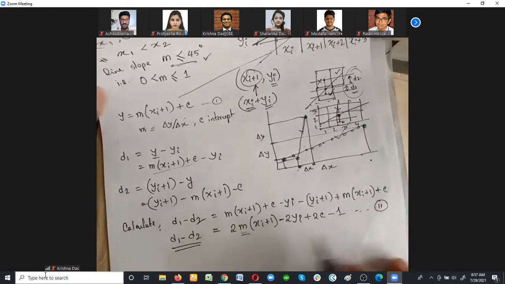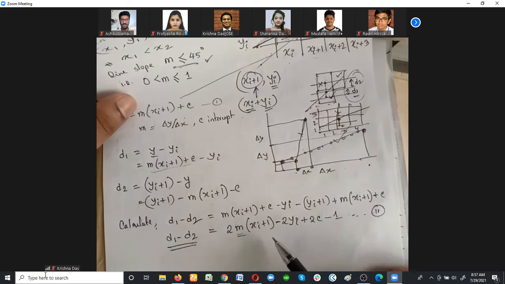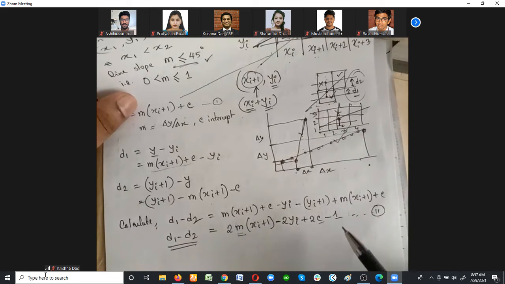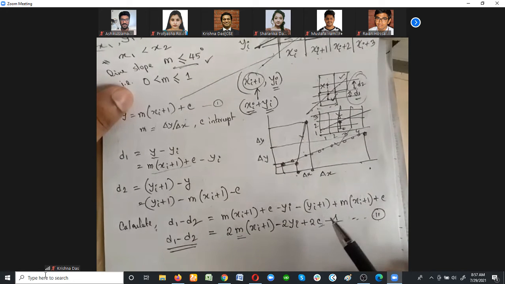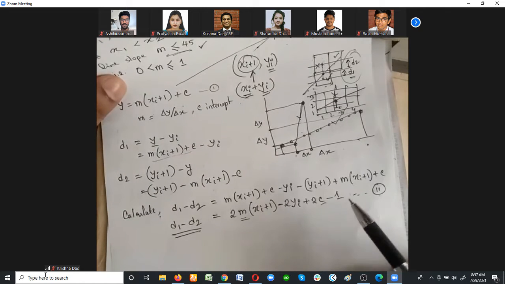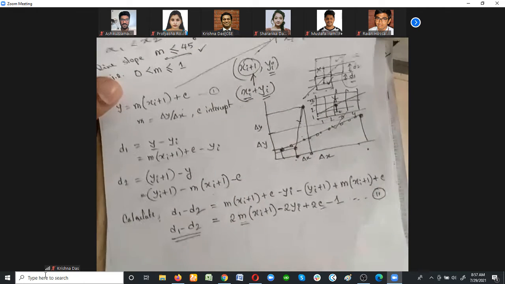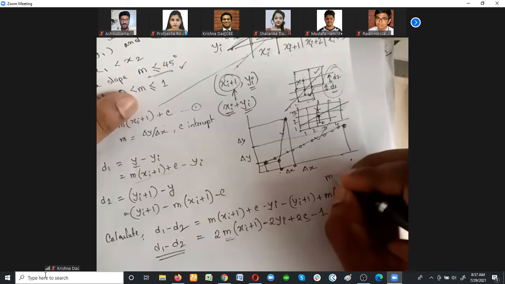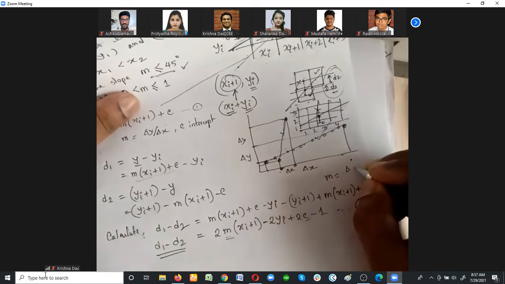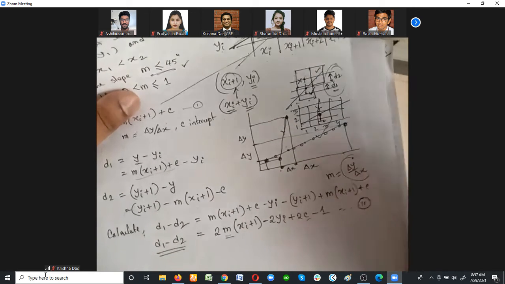The rest of the things can all be numbers, like c is a constant, and that will not be a fraction because there is no numerator or denominator. But m has that chance, because m is the slope, which is del y over del x. So there is a chance of a fraction coming.